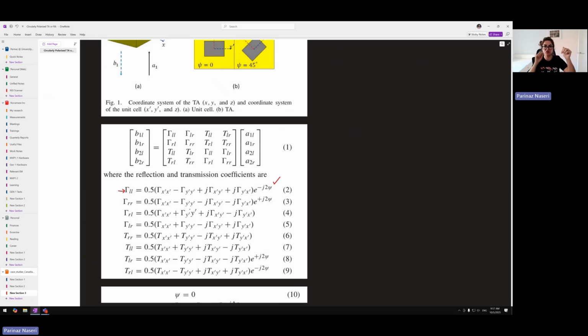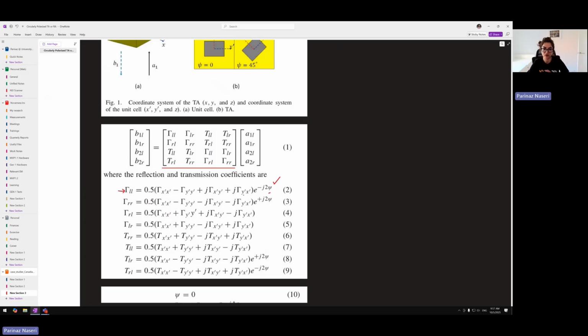I have another video that shows you how you can define your own equations in ANSYS HFSS. So you can represent the whole full matrix of LHCP, RHCP reflection and transmission coefficients by using these formulas, by relating them to the linearly polarized wave. Okay?